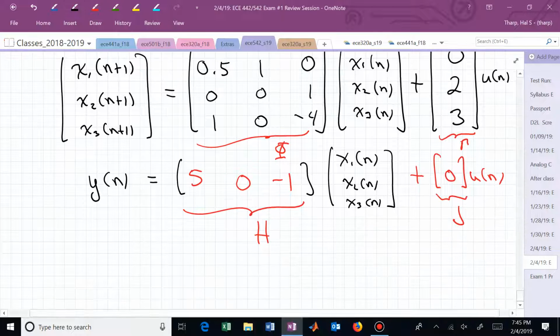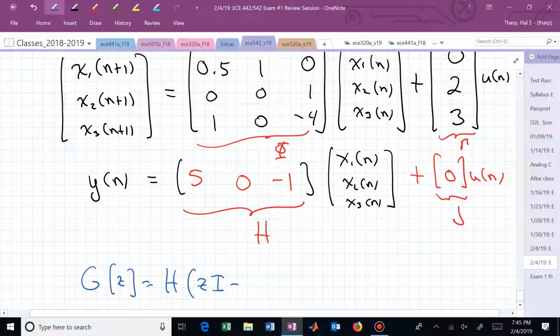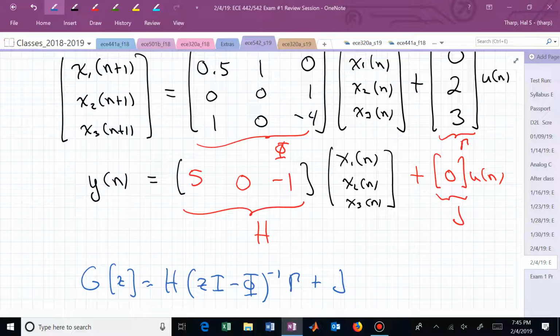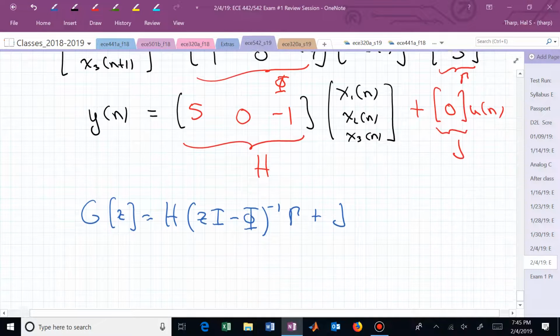We could use that now to find G of z is equal to H times zI minus phi inverse gamma plus J. Are there questions on that?